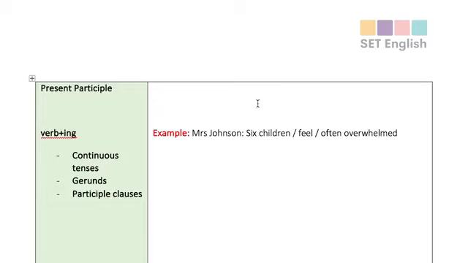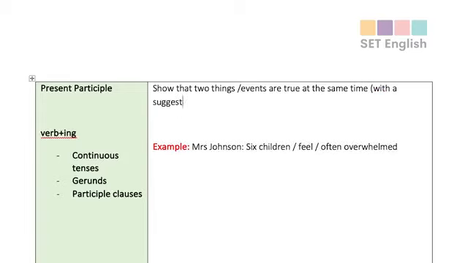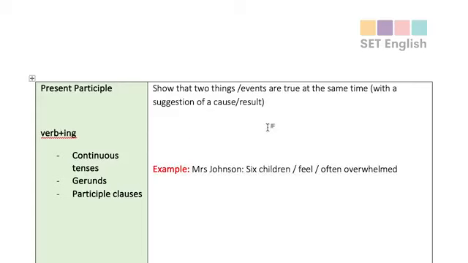Now, present participle clauses are used to show that two things or events, okay, are true at the same time. Okay, with a suggestion of a cause and result. Okay, there's a suggestion of a cause and result.